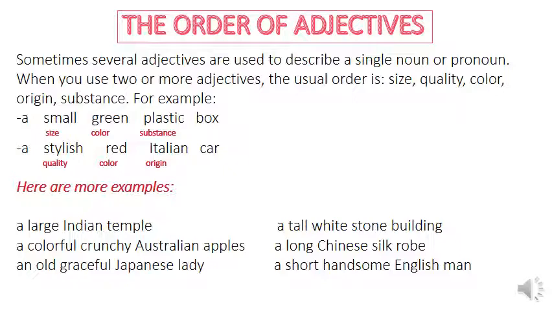A tall white stone building. So we started with the size, the color, the origin. A long Chinese silk robe. We started with the size, then the origin, and then the quality. A short, handsome English man, and so on. So these are some more examples.